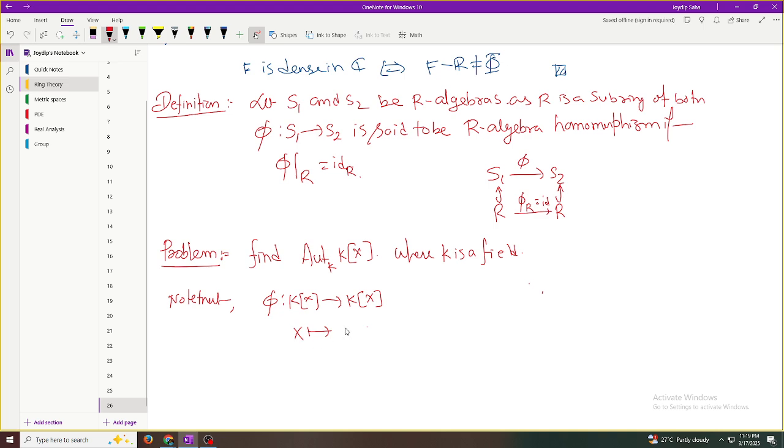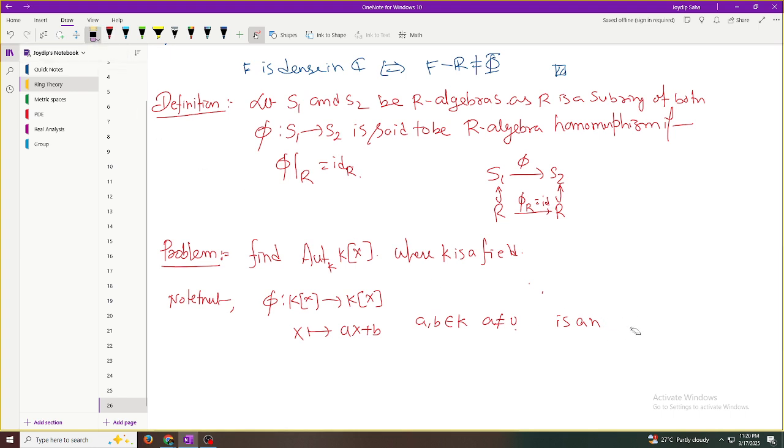See, please. x goes to ax plus b, a, b belong to k, a not equal to 0. Is it an automorphism? Yes, because it is a k automorphism.